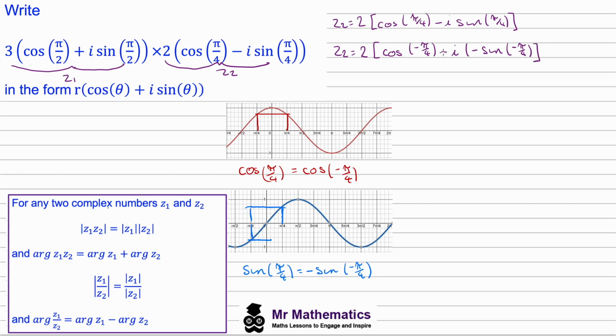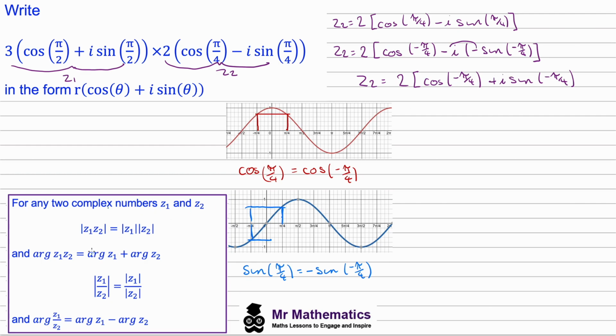Now this negative and this negative can be put together to make a positive. So Z2 will equal 2 times the cos of negative pi over 4 plus i sine of negative pi over 4. And now this is in modulus argument form.